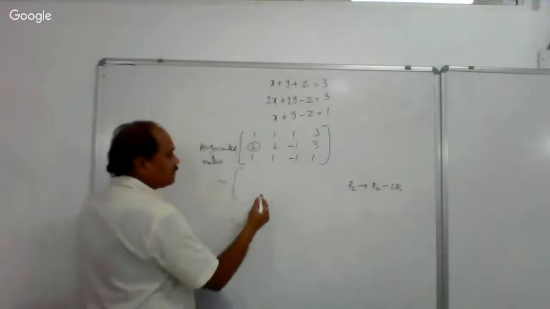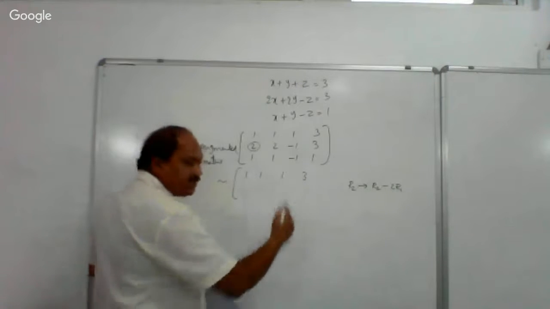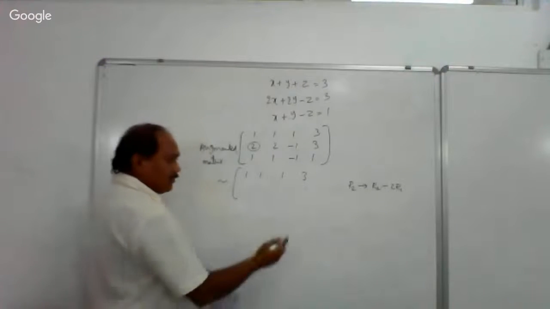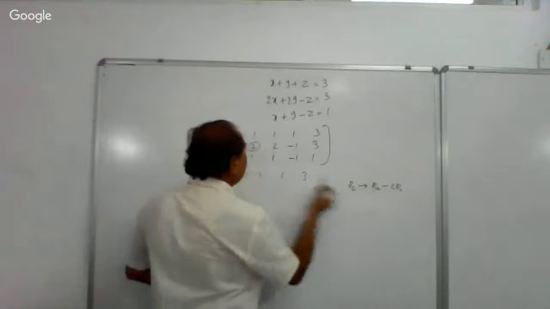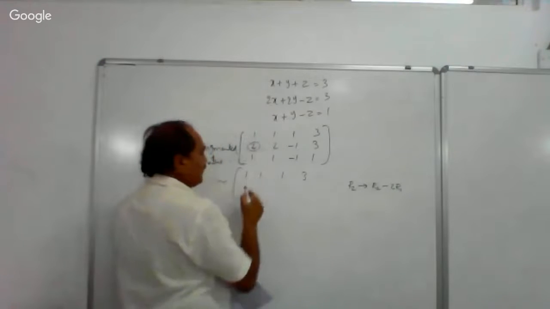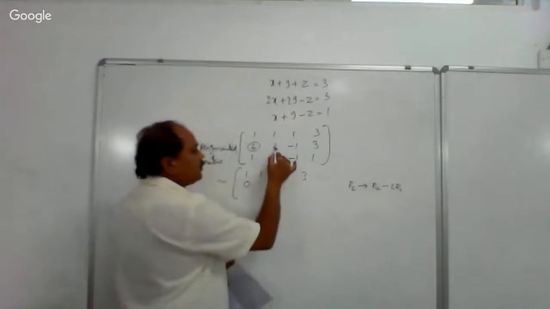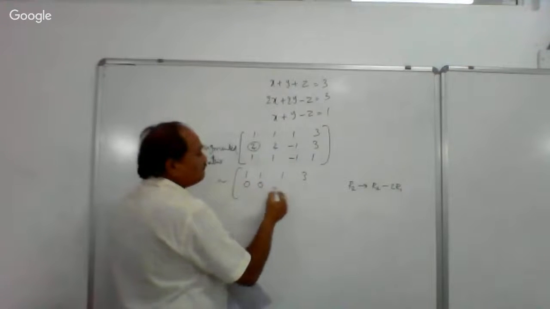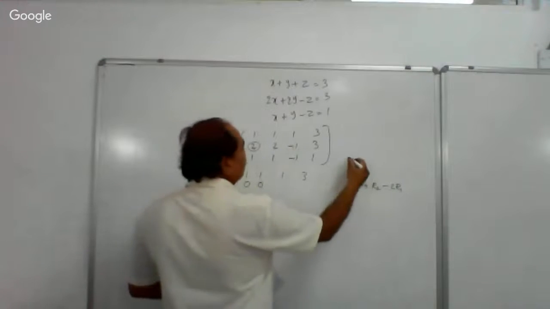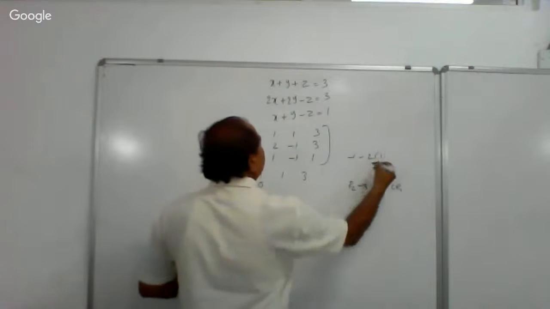Now it becomes: first row as it is, second row R2 minus 2R1, 2 minus 2 into 1 is 0. Here also 0.